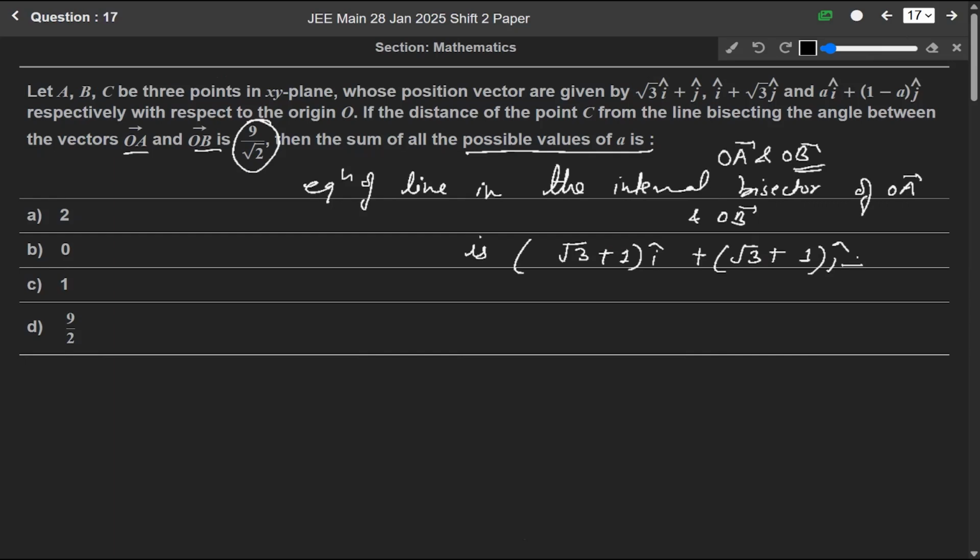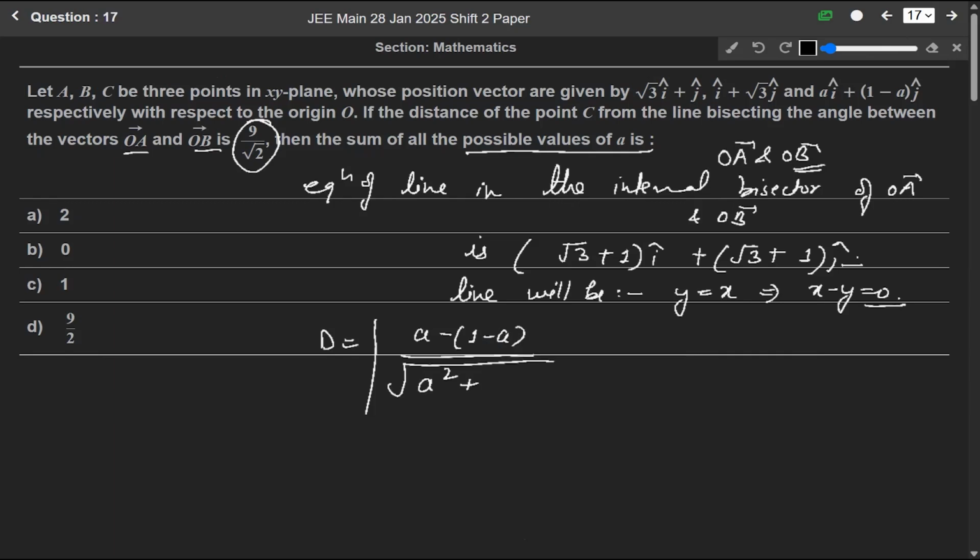Okay, so the line will be y equals x. This implies that x minus y equals 0. So d will be equal to (A minus 1 plus A) over the square root of A square plus (1 minus A) whole square.